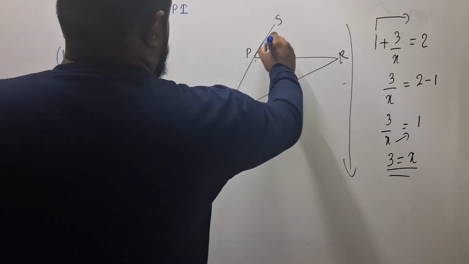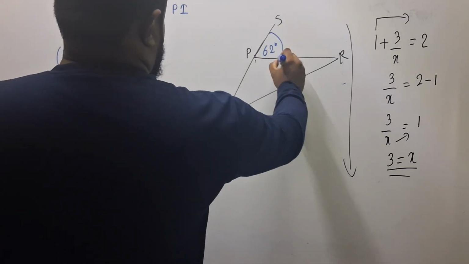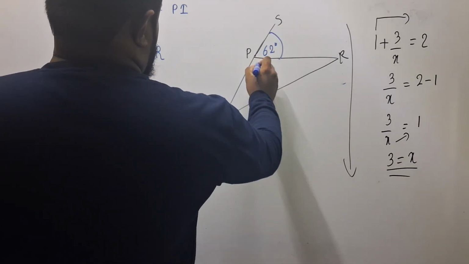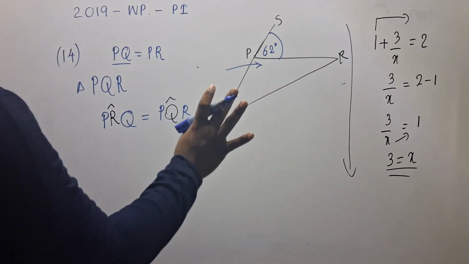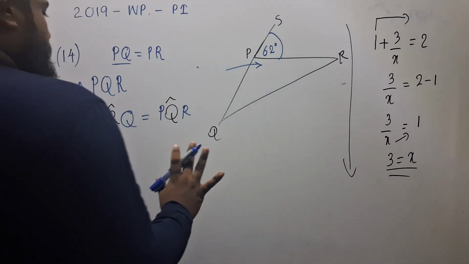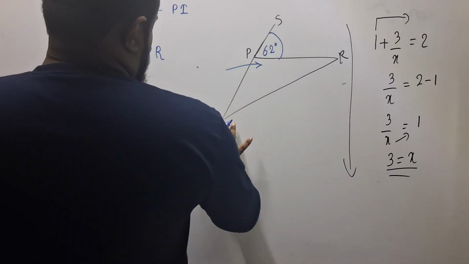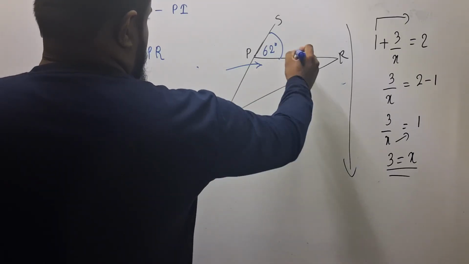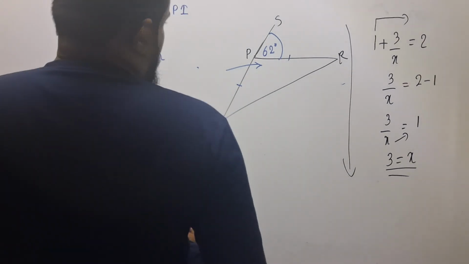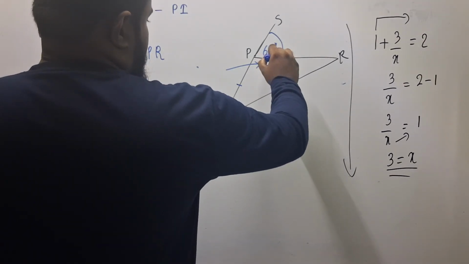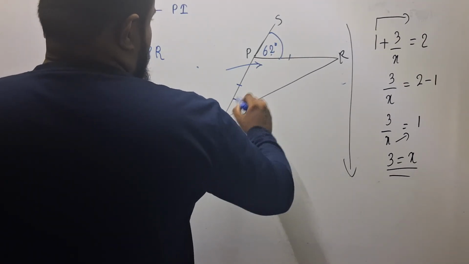This is a 62 degree acute angle. So if this is 62, this angle is 180 minus 62. You can use that method also, but there is a theorem called the exterior angle theorem. This exterior angle is made up of these two angles.